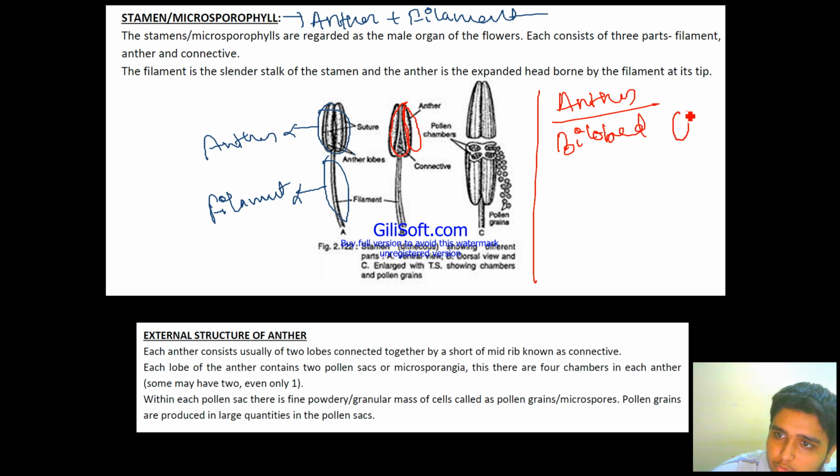Two lobes are present, and between the two lobes you have a tissue. That tissue is called the connective. So I can say that it is bilobed, attached by the connective.